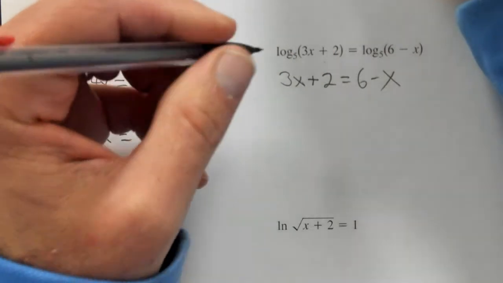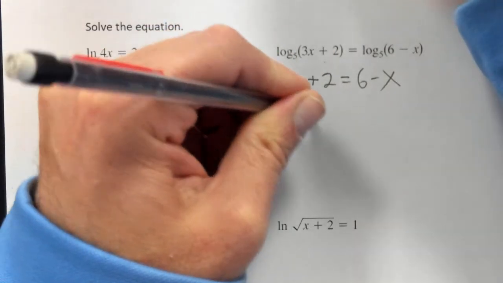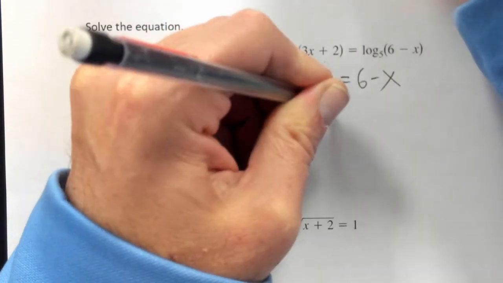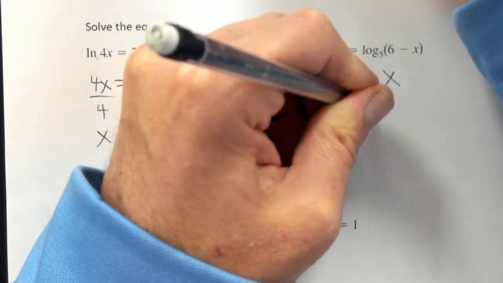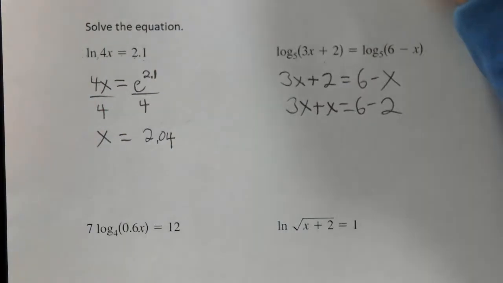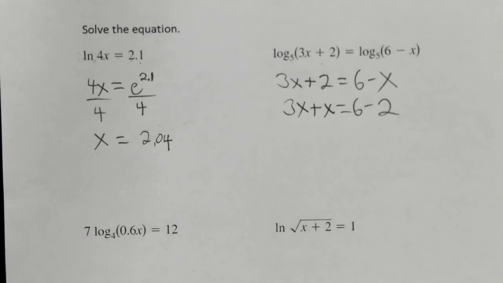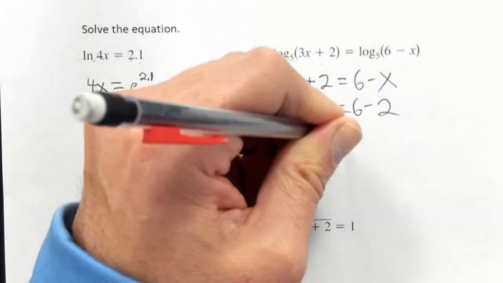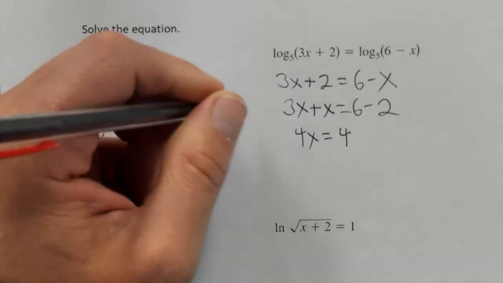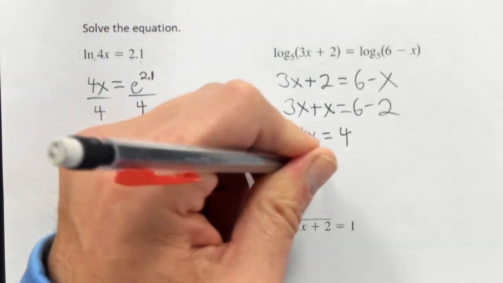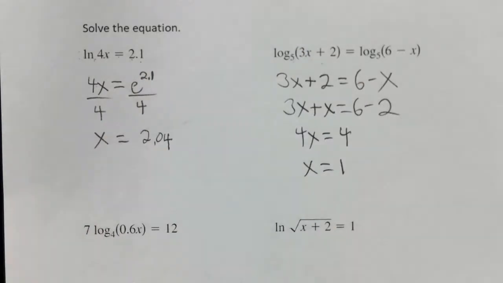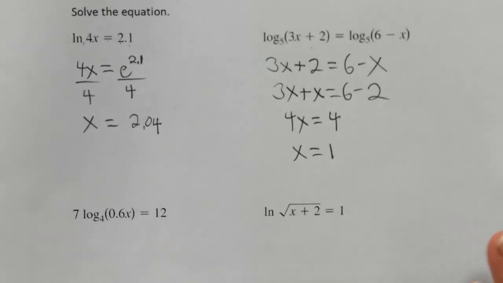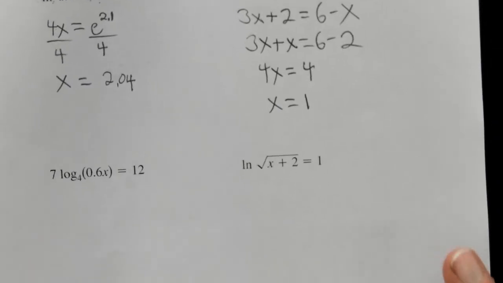I want all my x's on one side, the regular numbers on the other side, so I'll go 3x plus x equals 6 minus 2. Anything that goes across will change signs, right? So now we've got 4x equals 4. And I can divide by 4, my x is equal to 1. If you wanted to double check that, you would see that you are correct. Okay? All right, what do we got next?